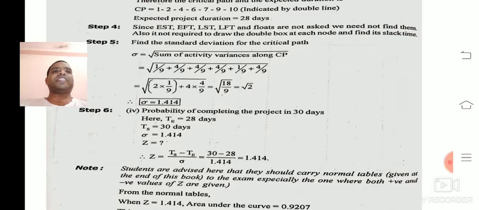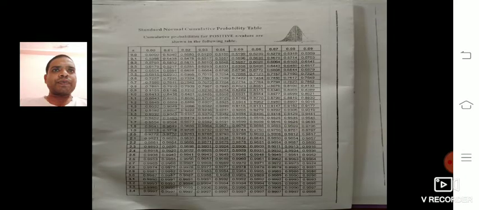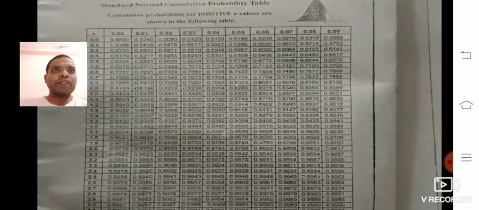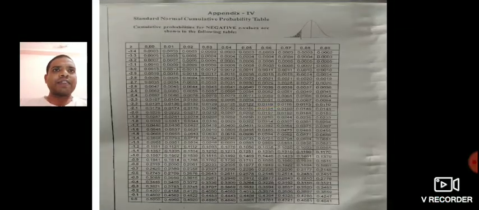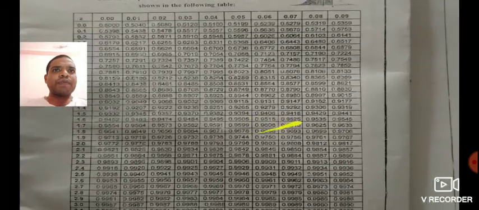Now we need to refer to the probability table, the normal table, for the value of Z. Here Z is a positive value, 1.414. Please see the table here. We have two tables, one for negative values and one for positive values.